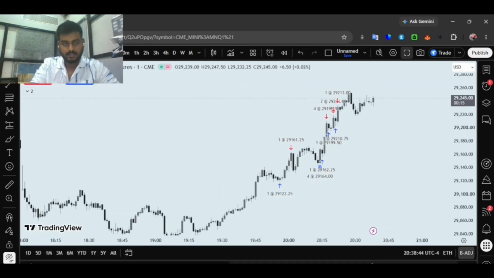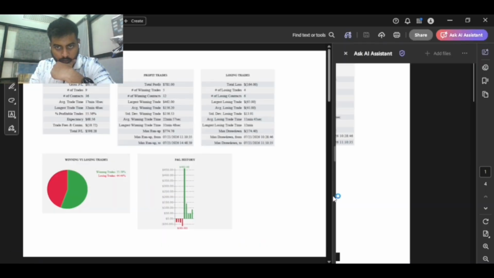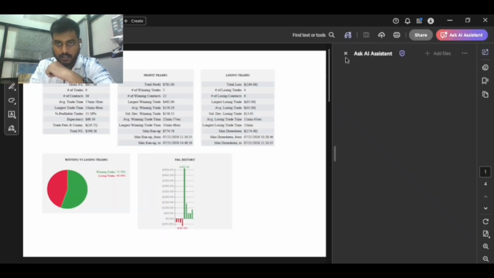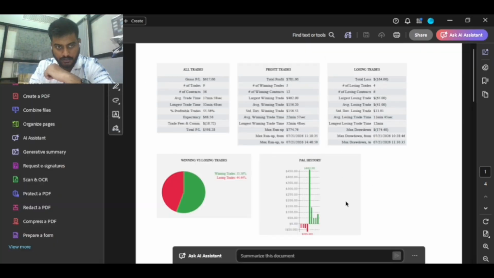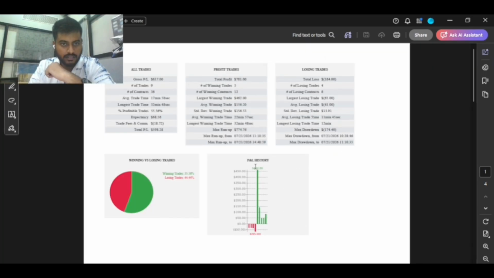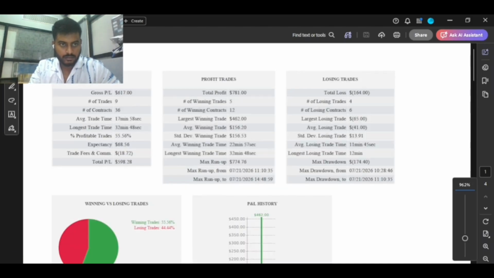Let me show you Tuesday's P&L too. I downloaded Tuesday's file. Okay, here it is. The overall trade was $617, and the losing trade was $164.